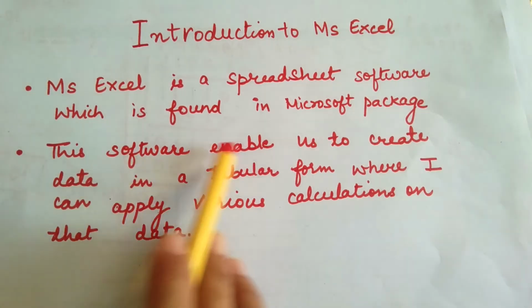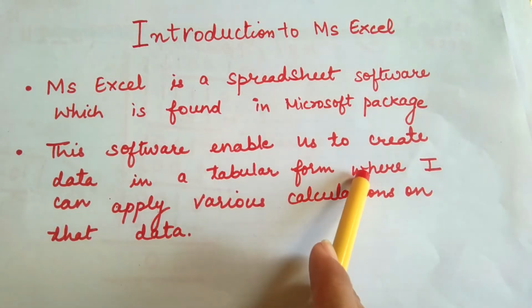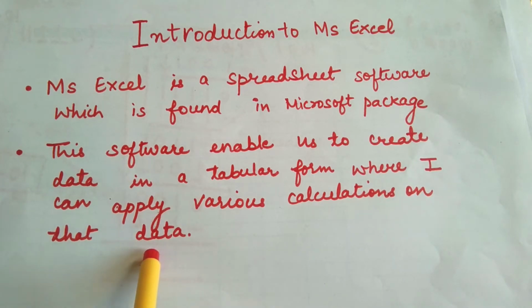This software enables us to create data in a tabular form where I can apply various calculations on that data. So with the help of this software, I can create data in the form of a table. It is not only creating data, but I can also apply various calculations on that data, right?